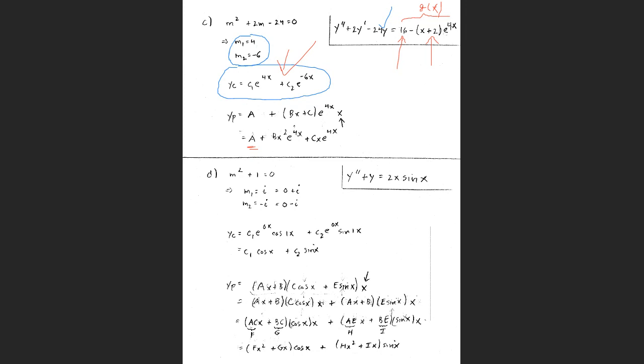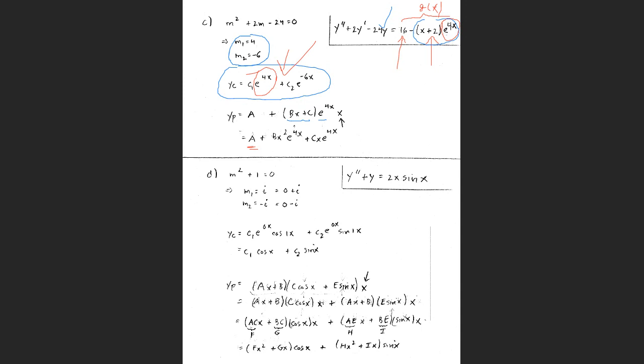But now look what happens. You have an e to the 4x here, but you have an e to the 4x here. Normally for this function you would write bx plus c times e to the 4x.